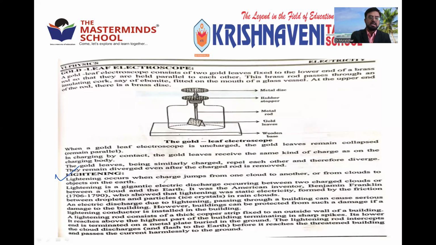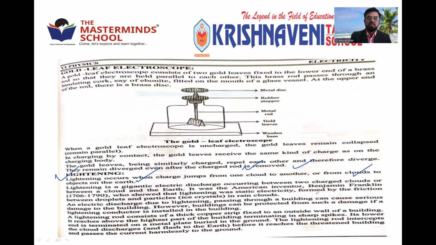Lightning occurs when the charges jump from one cloud to another cloud, or from cloud to earth. Due to the transfer of charges, lightning can be seen in nature, especially during the rainy seasons. So lightning is a gigantic electric discharge occurring between two charged clouds or between the clouds and the earth.